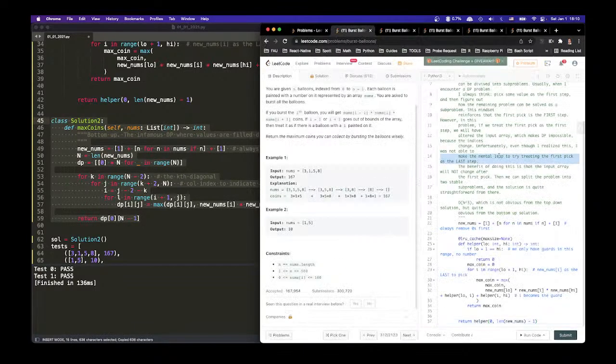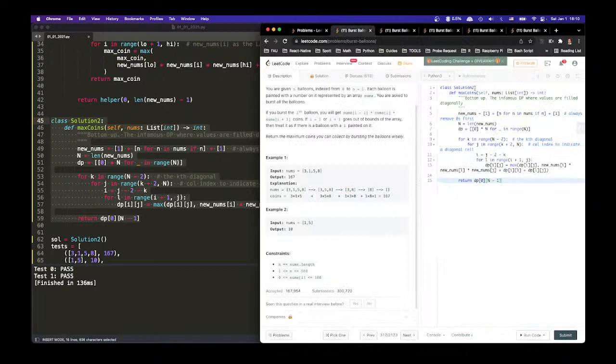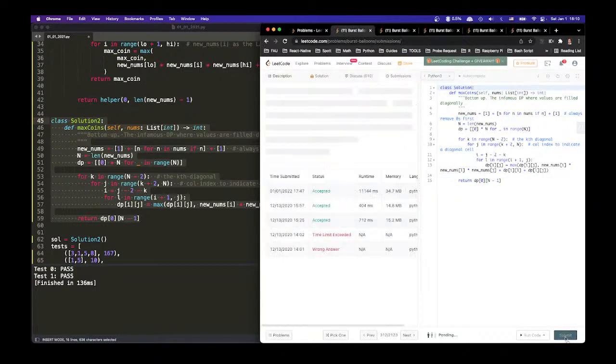So I'm going to run this again. By the runtime of this, we can tell whether they have changed their test cases. Yeah, I think they have definitely changed their test cases.